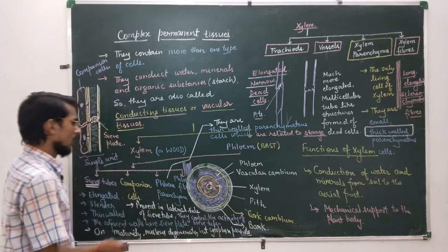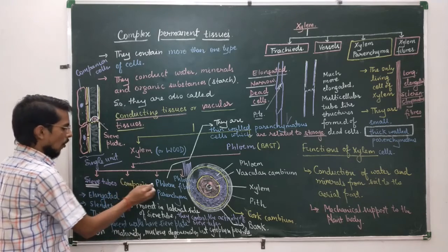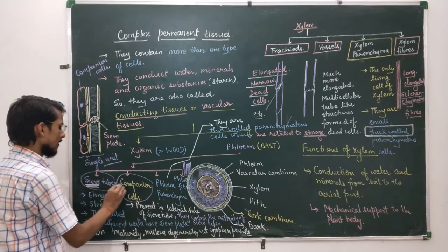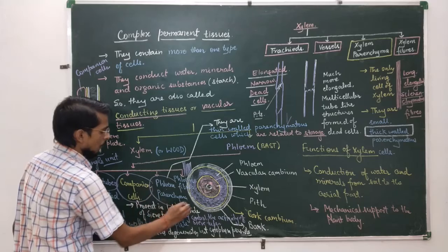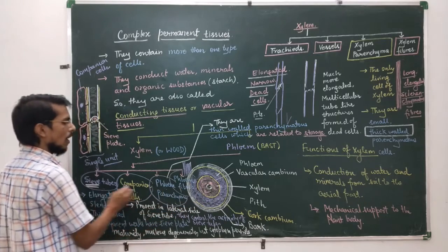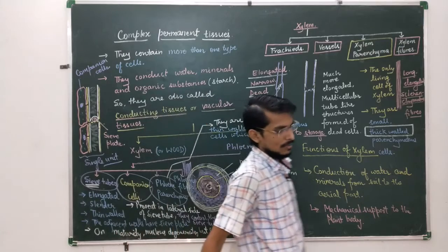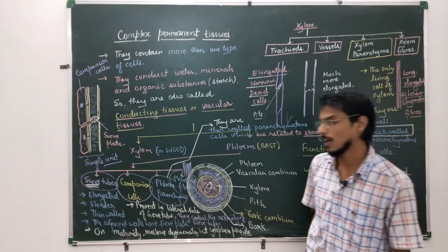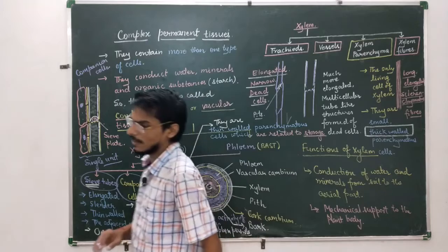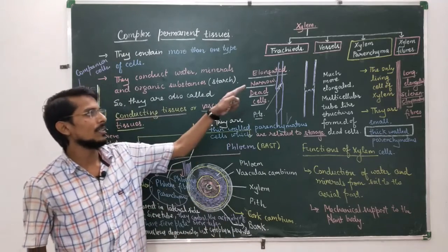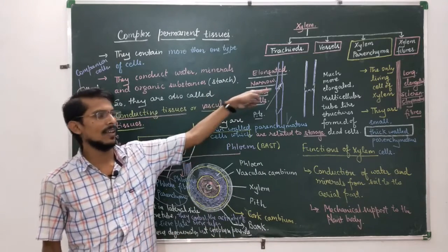Okay, in the case of phloem, you will see that all 4 cells are living: sieve tubes, companion cells, phloem parenchyma and phloem fibers. Sometimes in examinations you are asked to give some differences between xylem and phloem. The first difference is that xylem has only one living cell, that is xylem parenchyma, all others are dead.